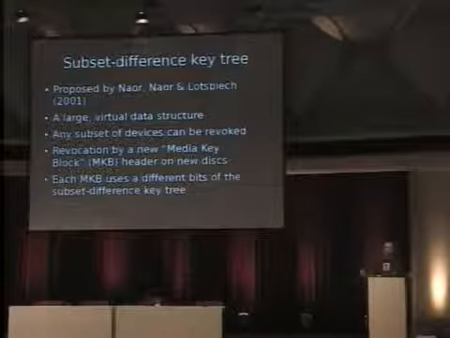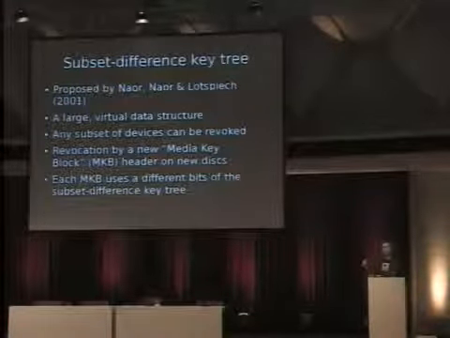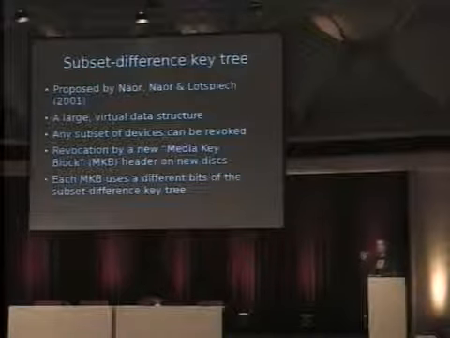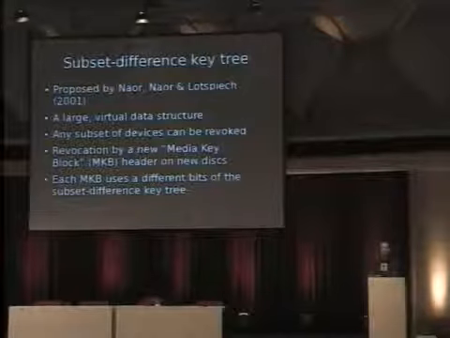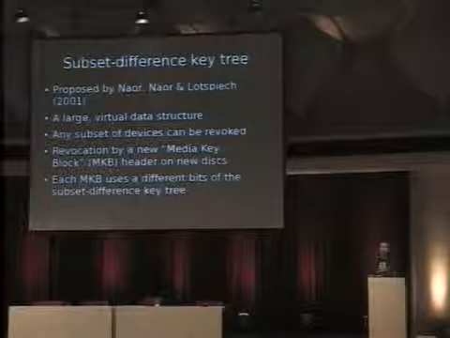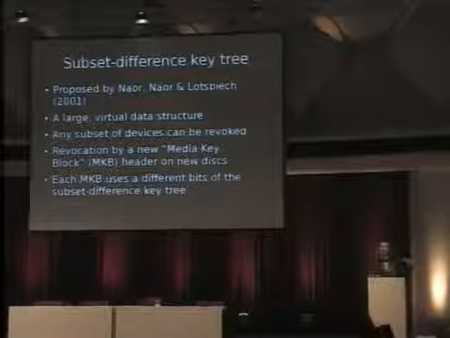It allows any arbitrary subset of devices to be revoked. I could revoke half the people in this room and still have a DVD that the other half of the people could play. And the revocation is effected by using a thing called a media key block. It's a header data structure on your disk.